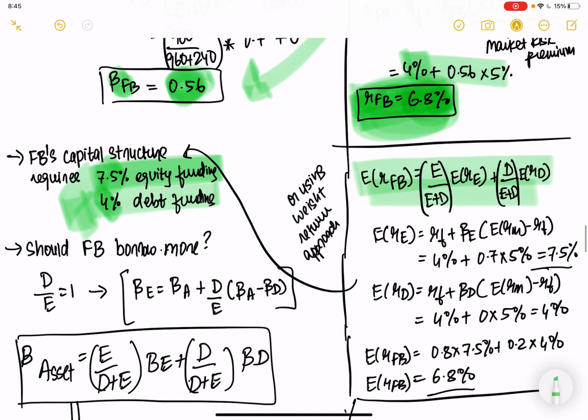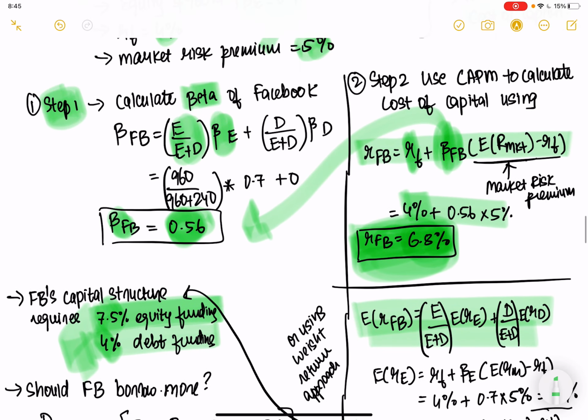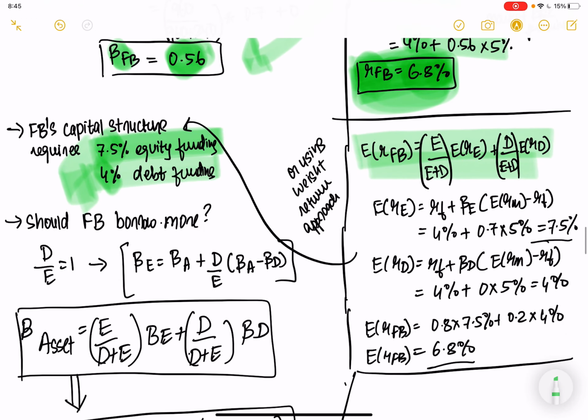So that's the question, right? One way to calculate the cost of capital is through the CAPM formula, but the other way is to calculate the cost of capital through the weighted formula here. You can calculate the expected return on equity as RF plus beta of equity times market premium.